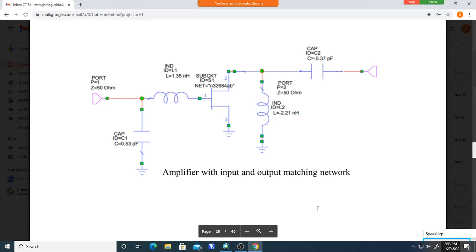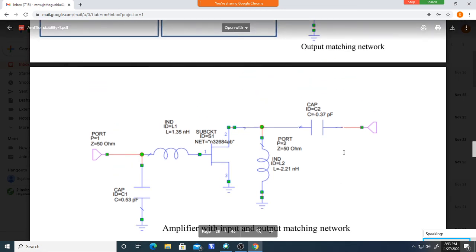See, in the examination, usually unconditionally stable type of problems will be coming. Less chances for drawing the stability circles. But questions may come only for stability circles, like draw the stability circle, but not everything like in this problem.